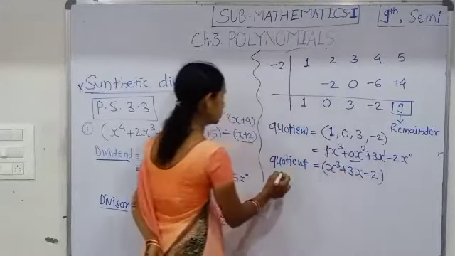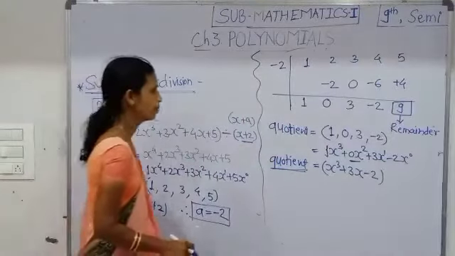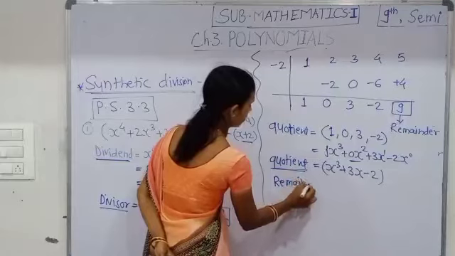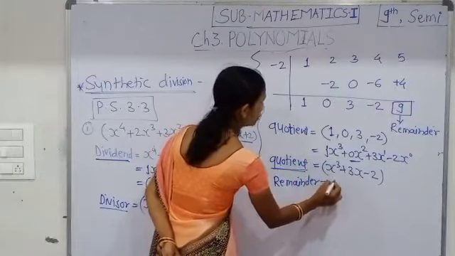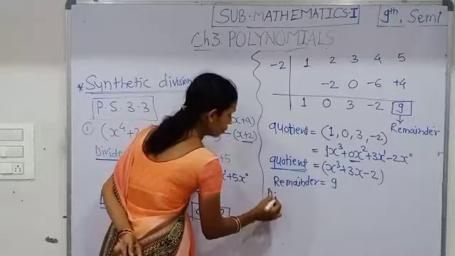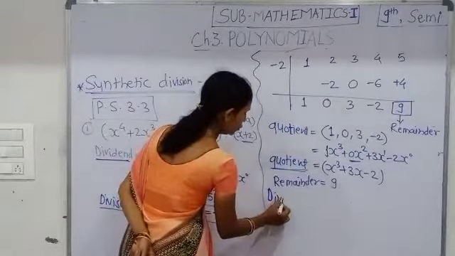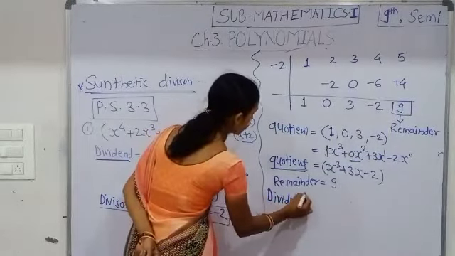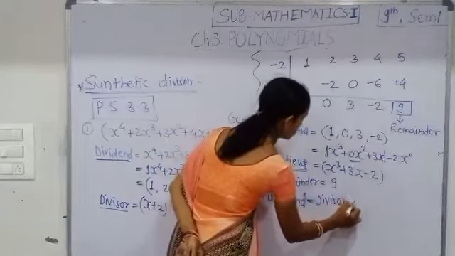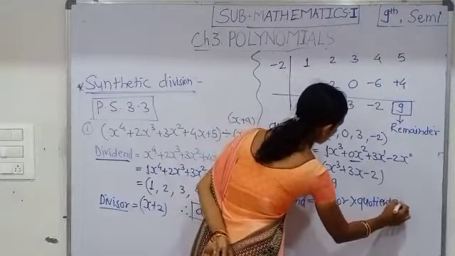That is the quotient of this example. And here we get the remainder, that is 9. Then we can tally whether our example is correct or wrong by using the values in this formula, that is dividend is equal to divisor into quotient plus remainder.